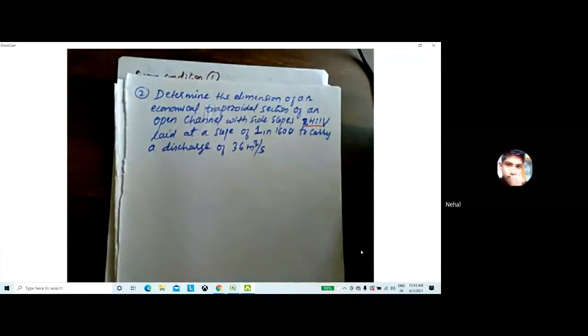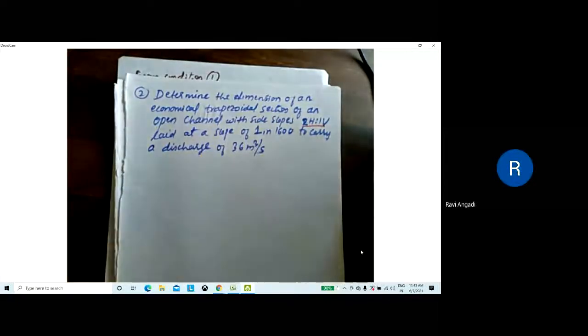Can you read the problem? Determine the dimension of an economical trapezoidal section of an open channel with side slope 2 horizontal to 1 vertical, laid at a slope of 1 in 1600 to carry a discharge of 36 meter cube per second. Yes, good. Okay, this is the problem.